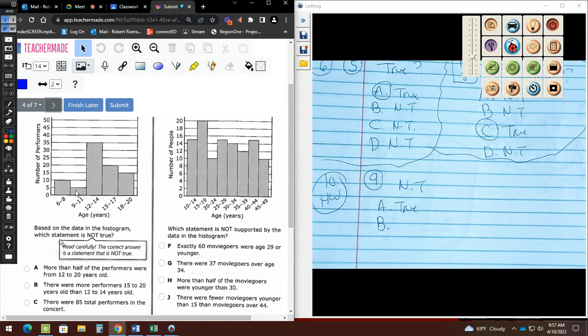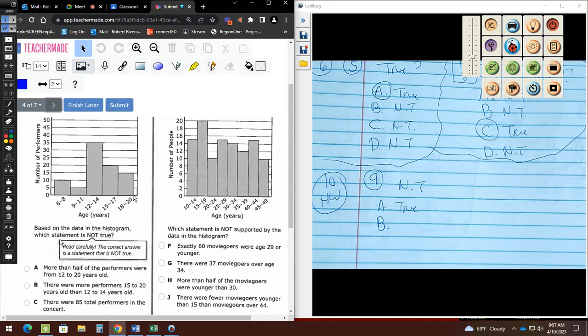Amy, read it for us and tell me if it's true or false. Okay, so there's more performance between 15 and 20 than 12 to 14. What is he going to have to do with the 15 and 20? Add. So how many do we have, Amy, between 15 and 20-year-old performers? Between 15 and 20 years old.